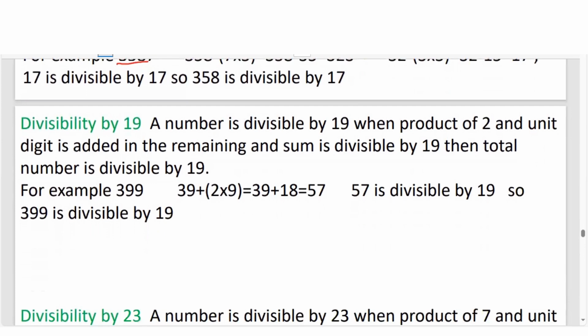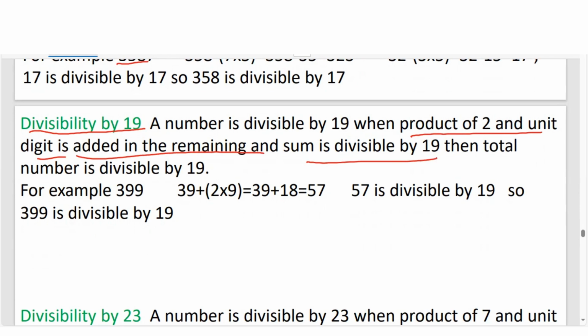Here we are going to discuss, any number is given, how can we check that number is divisible by 19? Again, very simple technique. Any large number is given, you want to check that number is divisible by 19. So the technique is: product of 2 and unit digit added to the remaining number, and if the sum is divisible by 19, then the total number will be divisible by 19.